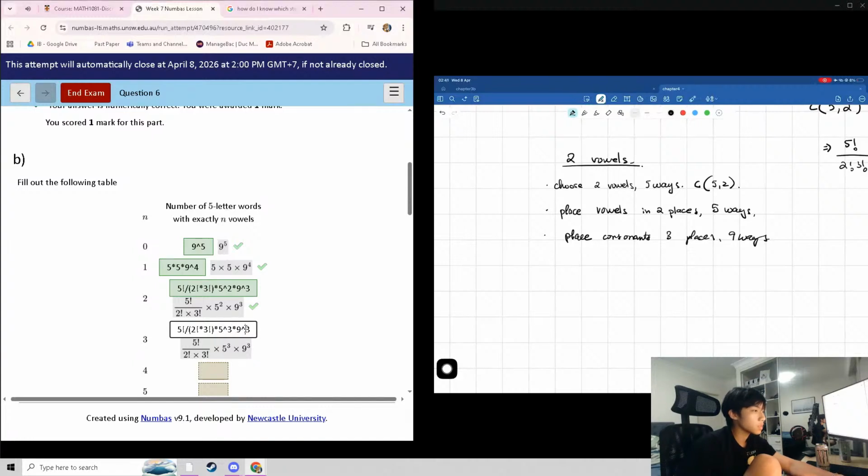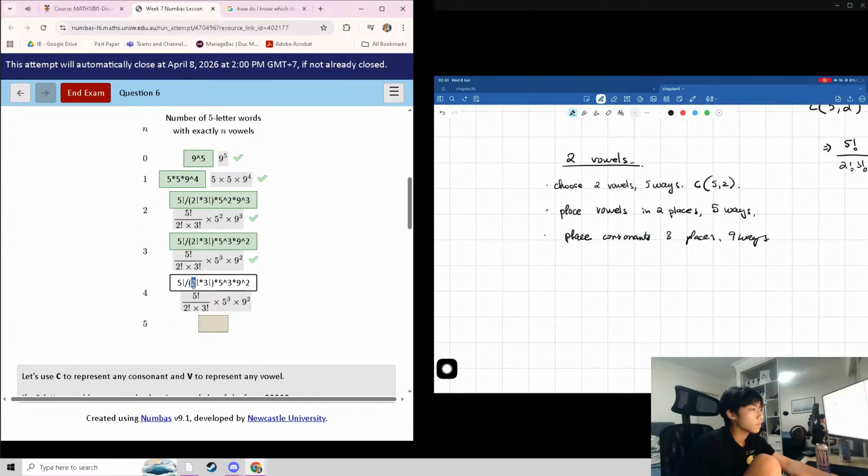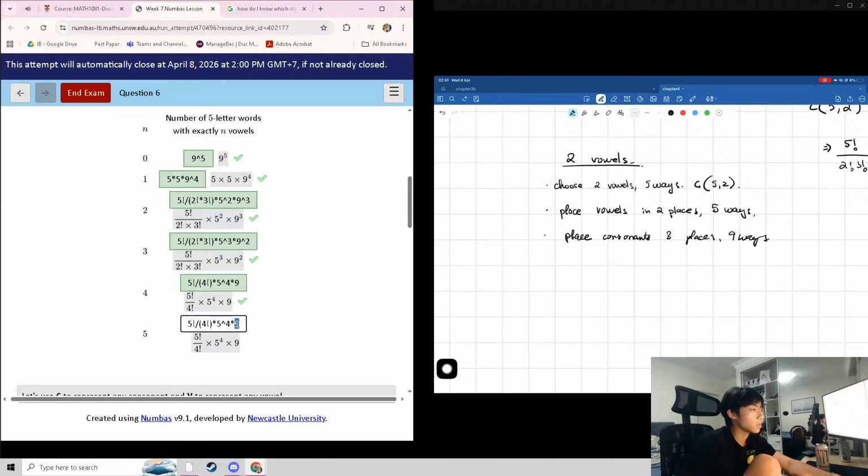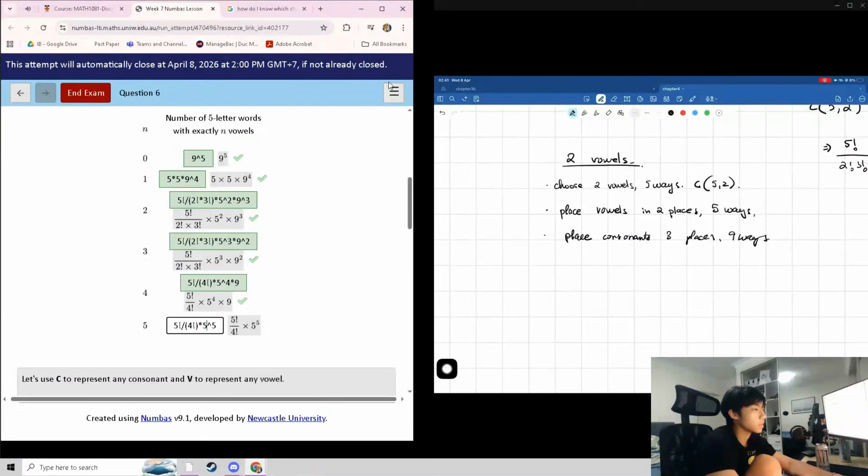There's 3 places and 2 places I can put it. 5, 4 factorial. And there's 4 places I can put it. And finally, 5 to the 5th ways over 5 factorial to 5, which is 1 factorial. So there's 5 to the 5th ways to do it.